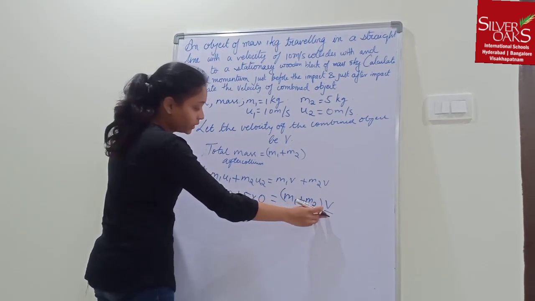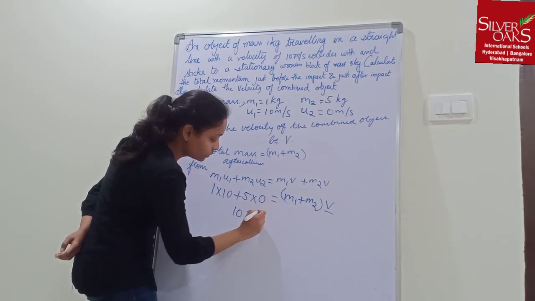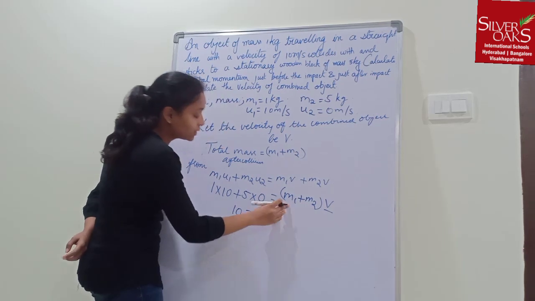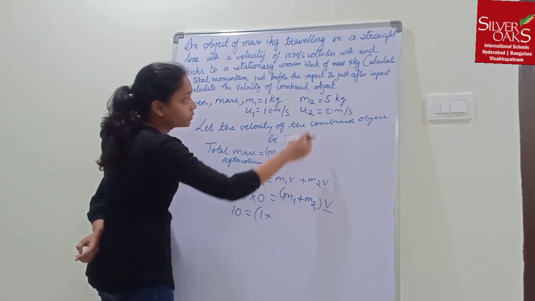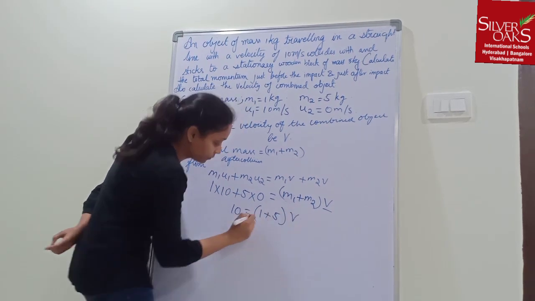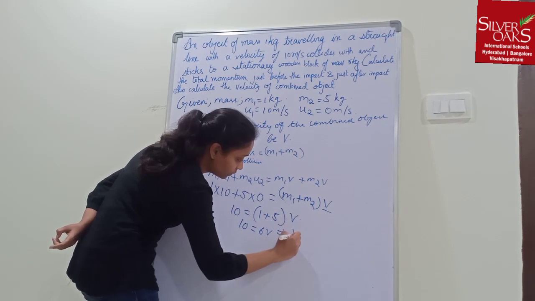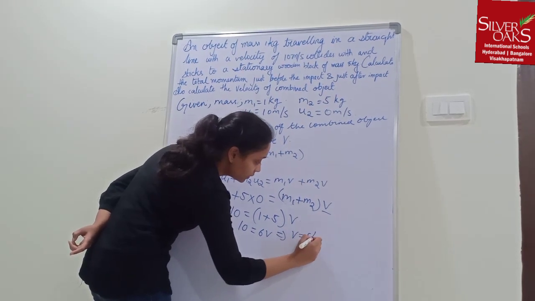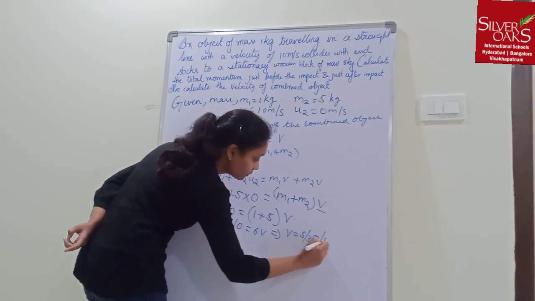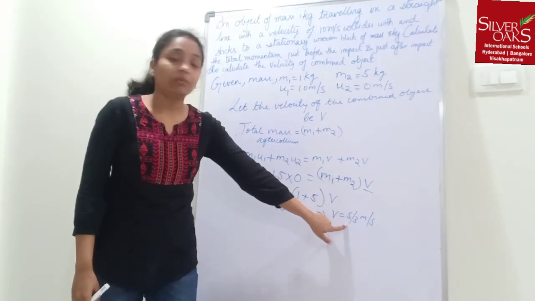This is the velocity of the combined object. Now this is 10 is equal to 1 plus 5 into v. This will be v is equal to 5 by 3 meters per second. So the velocity of the combined object is 5 by 3 meters per second.